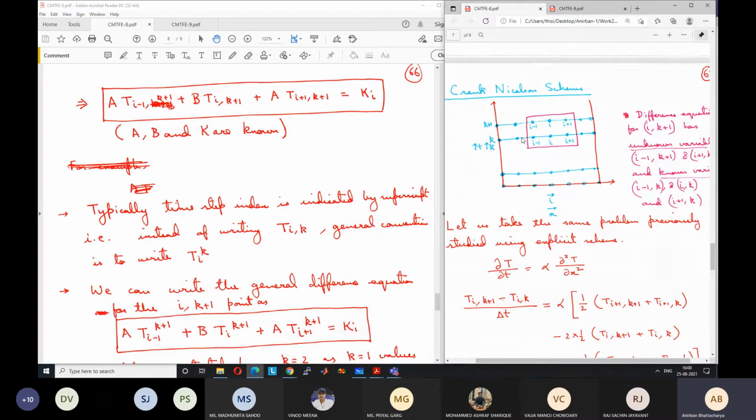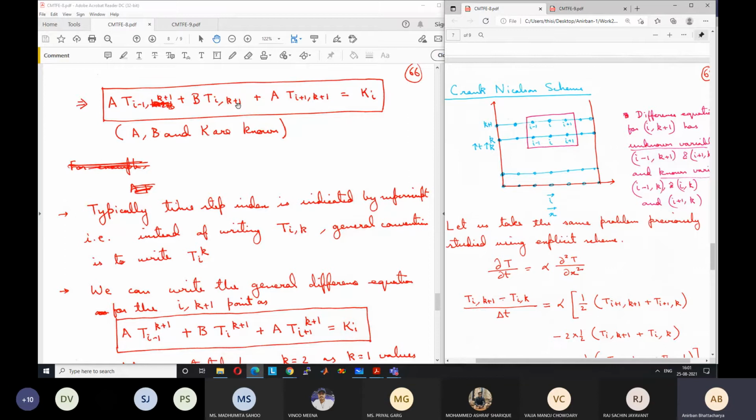So unknown values are at n minus 2 grid points, and if we develop the equations for each grid point, we will have n minus 2 equations also. So we have n minus 2 equations and n minus 2 unknowns, but they are coupled together because in each equation, instead of one unknown, we have three unknowns. So we cannot just solve them one by one. We have to solve them all together because they are coupled.